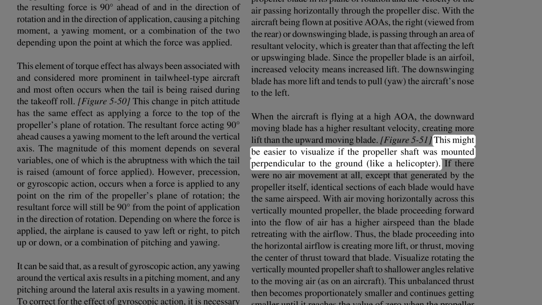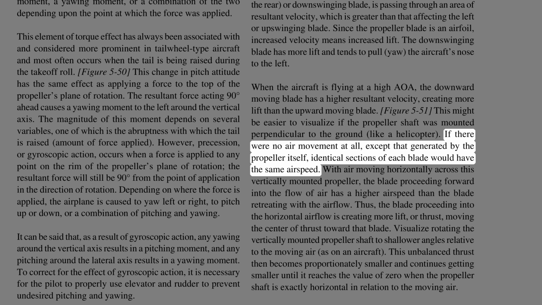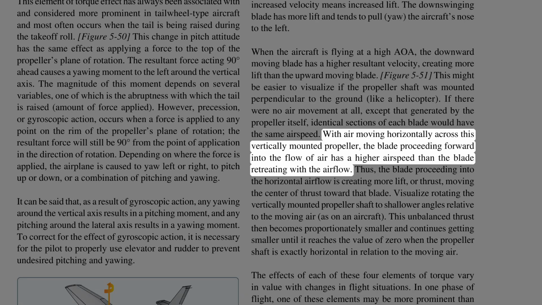This might be easier to visualize if the propeller shaft was mounted perpendicular to the ground, like a helicopter. If there were no air movement at all, except that generated by the propeller itself, identical sections of each blade would have the same airspeed. With air moving horizontally across this vertically mounted propeller, the blade proceeding forward into the flow of air has a higher airspeed than the blade retreating with the airflow.